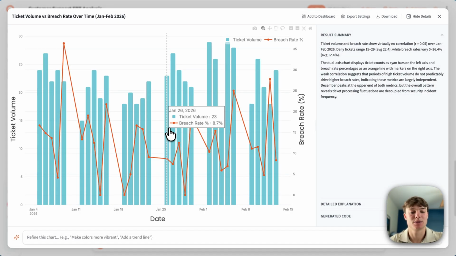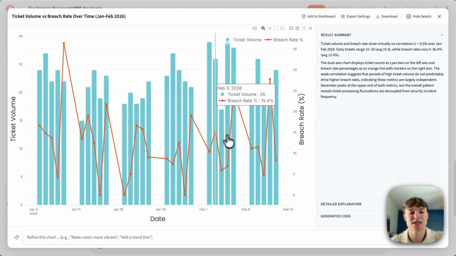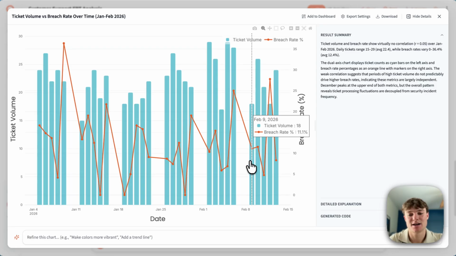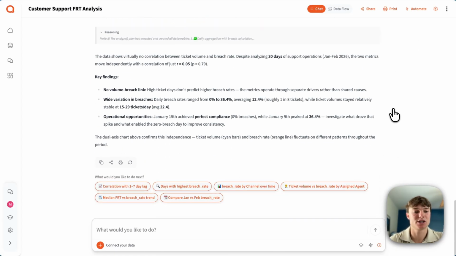Right here we have plotted our breach rate percent and then ticket volume. Again, kind of correlated, but these spikes can just be because that's the hours of the day that we're doing customer service. So if we look back down here, Query is telling us there's really no link. There's wide variation. Right here, data is showing no correlation.